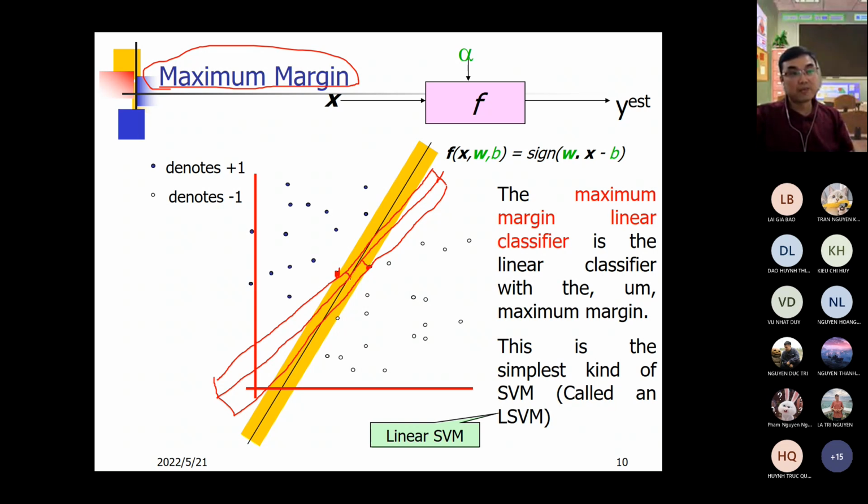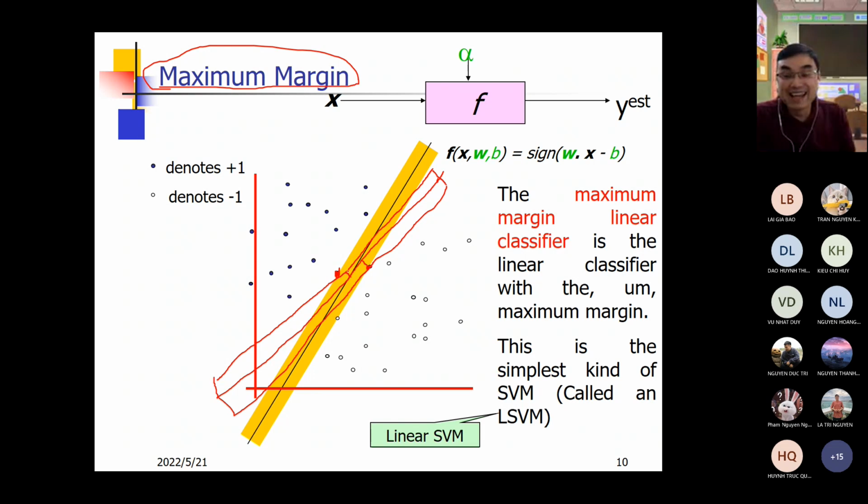With the margins from the hyperplane that we are building, we see that if we have a larger margin width, we can claim that, okay, I have built a hyperplane good enough, with a large enough width, to classify that data.